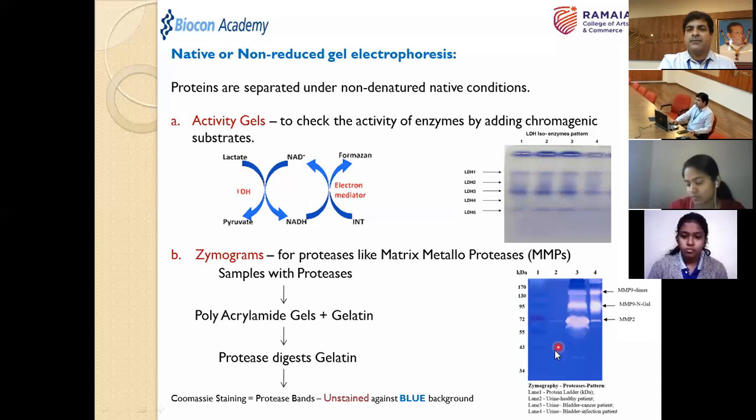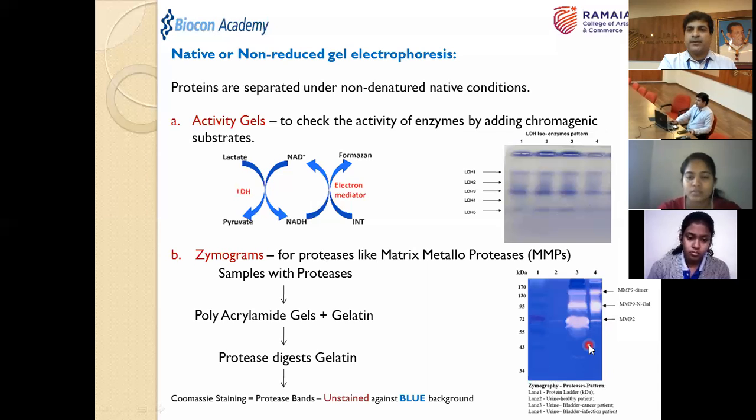But in the other parts where there is no protease, you have the Coomassie blue, and that's how you can make out. And this is very, very, very precise. Wherever a small amount of the protease is there, you can see here how precisely these bands can be analyzed. Okay, understood?